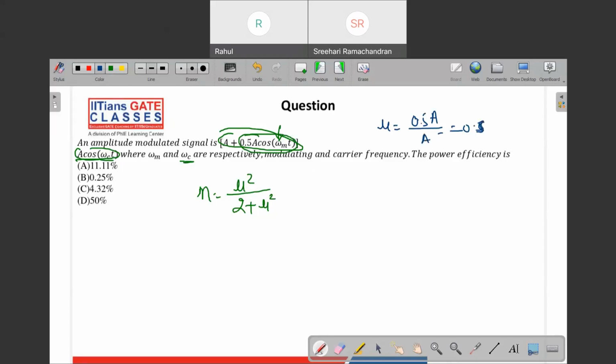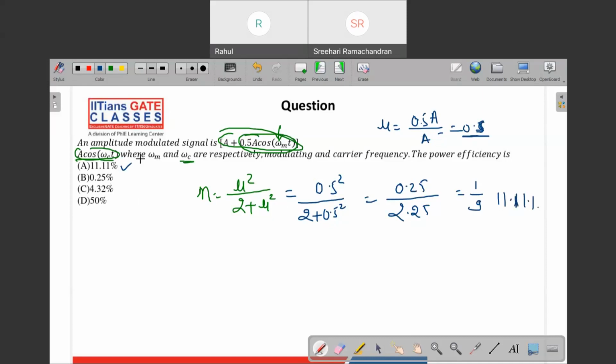So this is the modulation index mu. Let's put this mu here. So we will get this thing, which will be equal to 1 by 9, or you can say 11.11%. So this will be the correct answer.